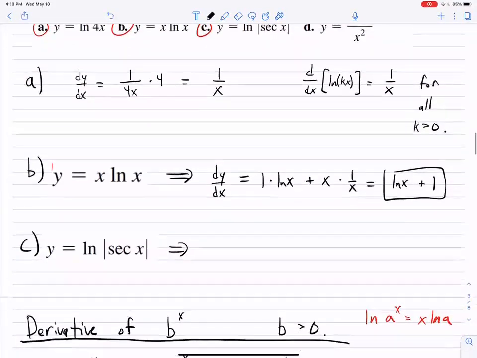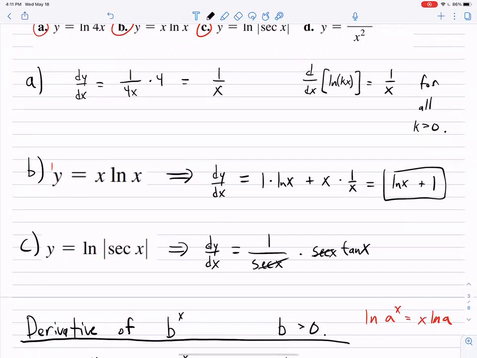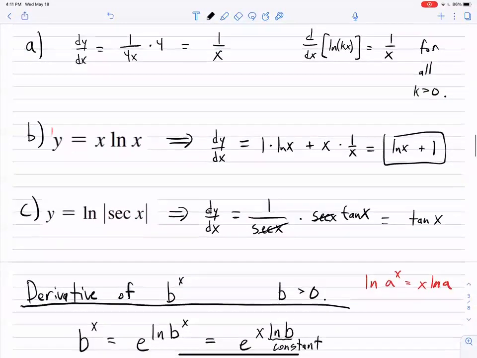And so if y equals that, then dy dx is just 1 over secant x, and then times the derivative of secant x, which is secant x tangent x. And then that cancels, and this just becomes tangent x. So it turns out that the derivative of natural log of absolute value of secant x is tangent x. And so that's the derivative.